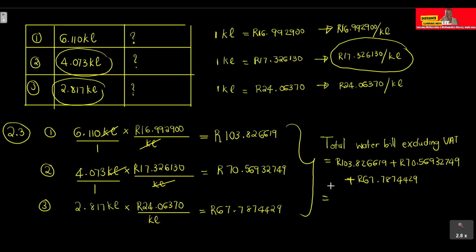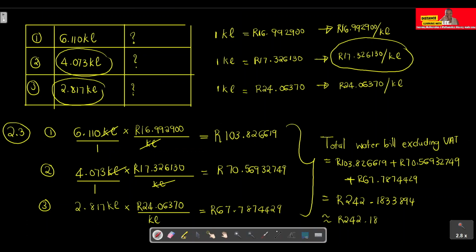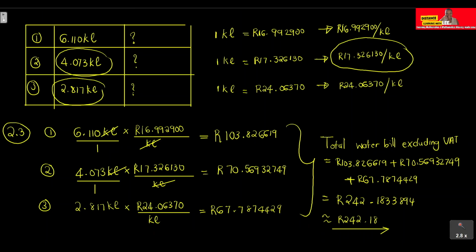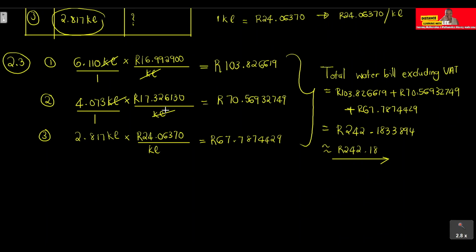If you punch it into your calculator, you'll see that the amount excluding VAT is 242.183389, which is approximately equal to 242.18. So that is the amount that he pays excluding VAT.